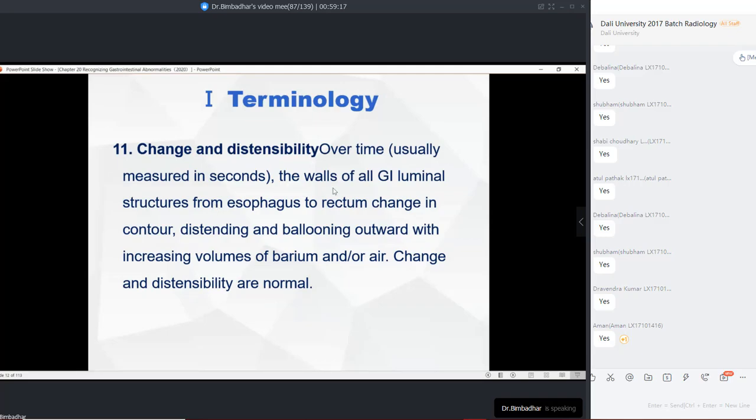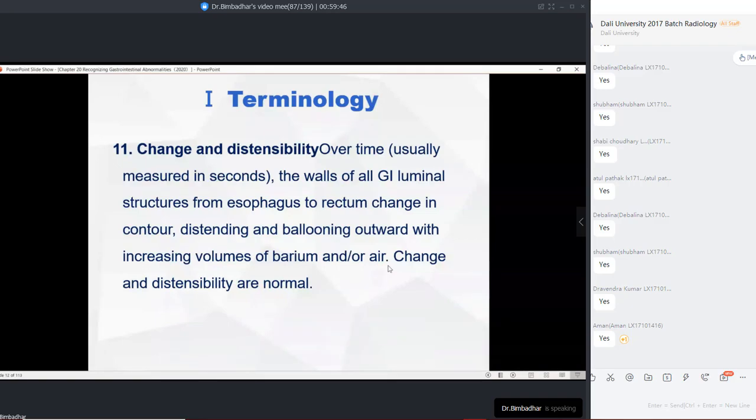And then change in distensibility over time, which usually happens in seconds. The walls of the GI luminal structures from esophagus to rectum change in their contour. Obviously, every mucosal layer is in constant movement, so it is either causing distension or ballooning outward with increasing volumes of barium or air. More food enters, more peristaltic movement happens, and more mucosal distension can happen. Yes or no?